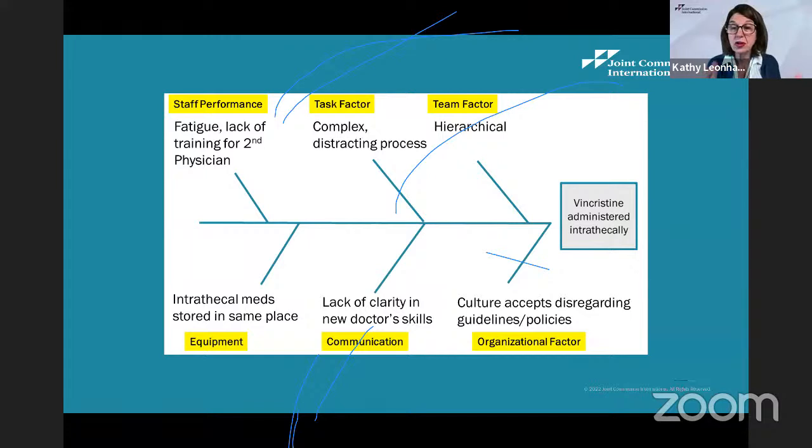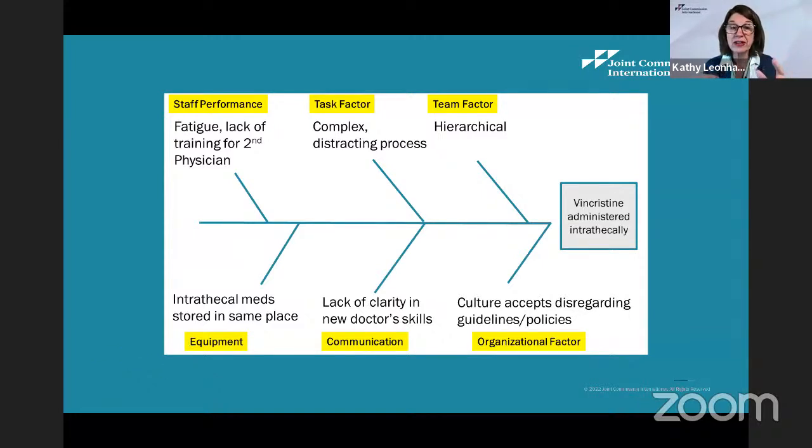Though they had several policies and procedures about double checking chemo agents and making sure staff complete their orientation before they start performing clinical care, their culture accepted, we do that most of the time. It's okay if someone wants to ignore some of those policies.